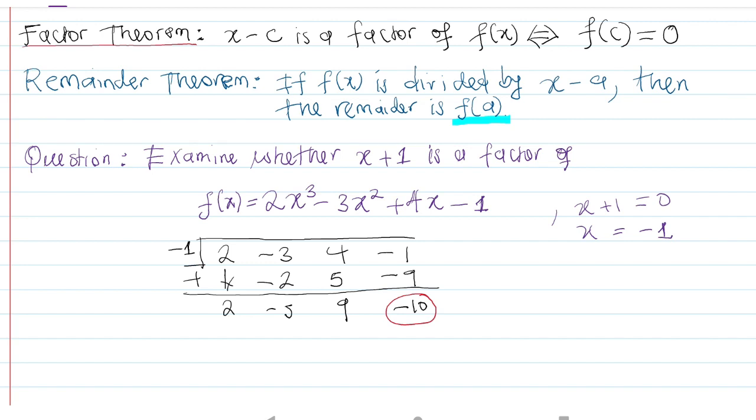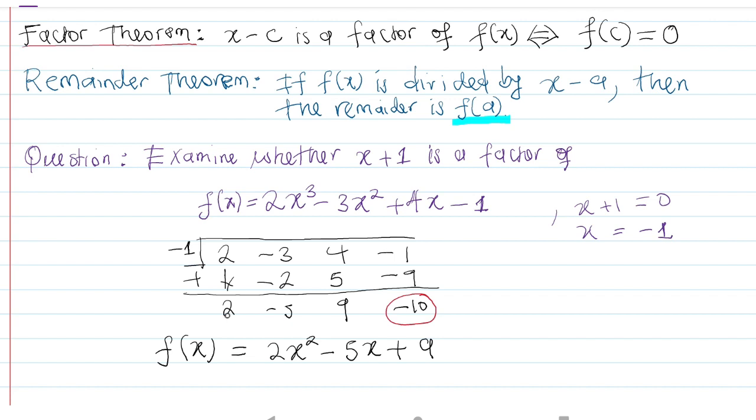Now, you can see that after dividing this polynomial by x plus 1, we have these coefficients. So we could write our f of x to be equal to, so the highest power here was 3, and we're going to reduce this 3 by 1. So this becomes 2x squared minus 5x plus 9.